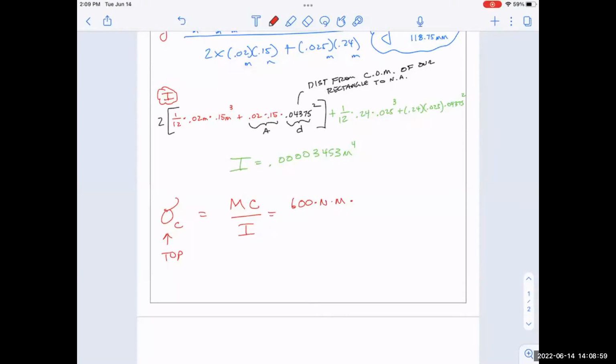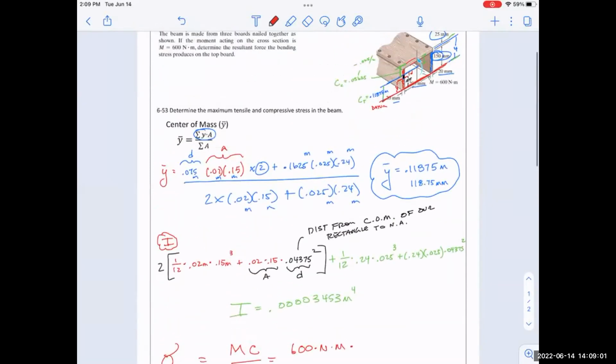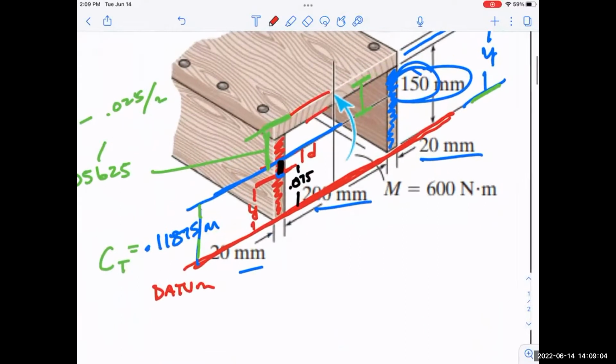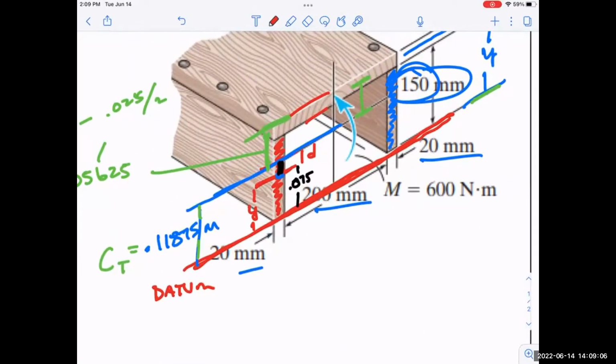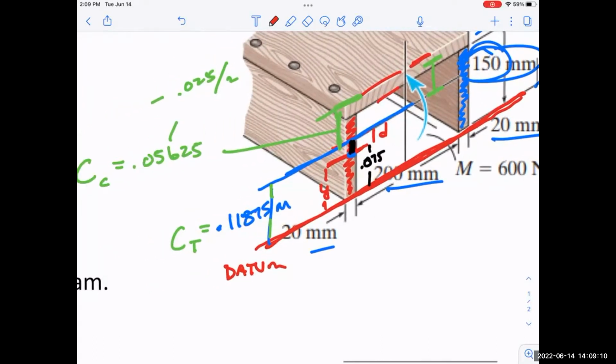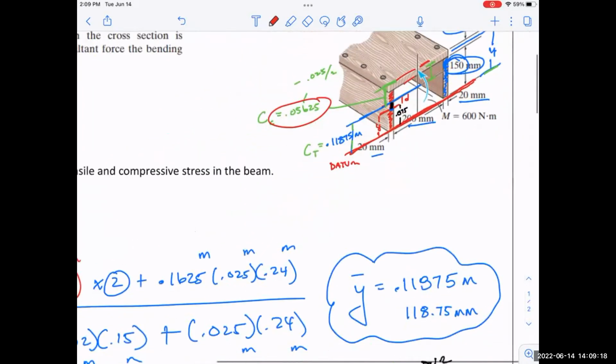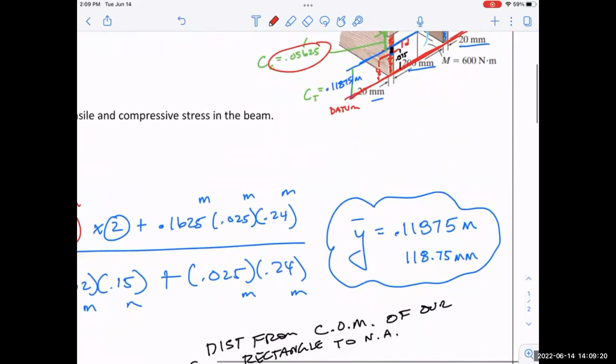How far? Where's the maximum? If we're talking about compression on the top, where's the maximum compression? It is at the tip top of that, the highest point you can possibly get. That's that 0.05625 a minute ago. That's how far away that is from the neutral axis, and that was in meters.